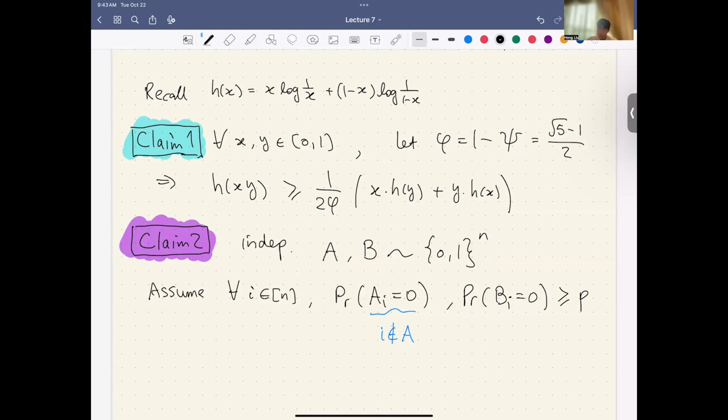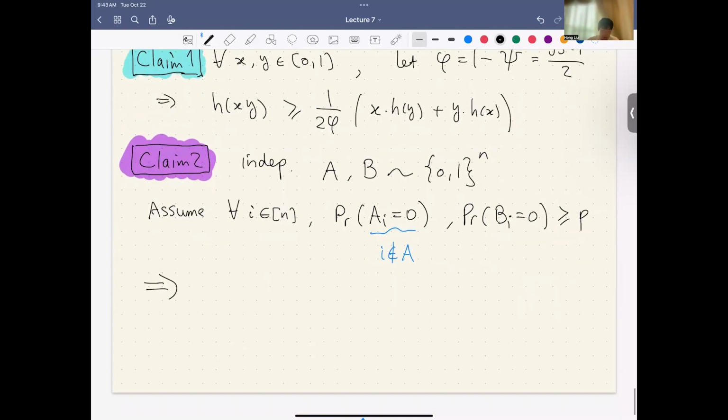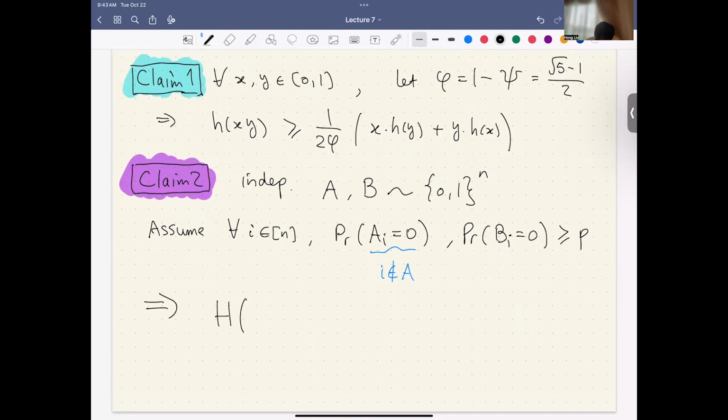Then we will have the entropy of the join, the union of these two sets, is at least p over 2 phi times the entropy of A plus the entropy of B.